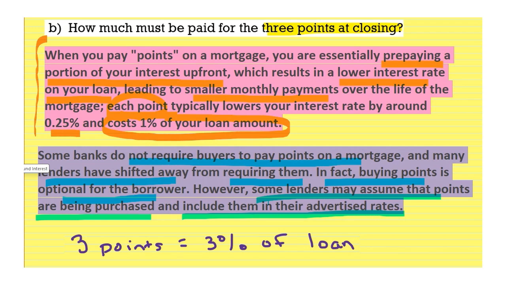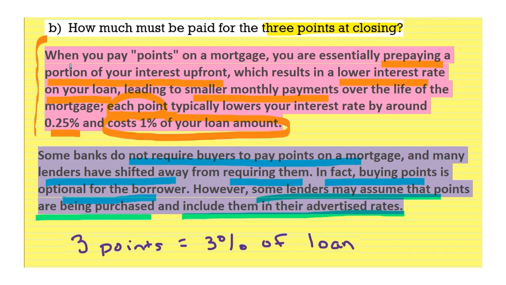So if you do not want to pay those points, then your interest rate will end up being higher. For 3 points, if they advertised at 5.25%, your interest rate would probably go up to at least 6% if you're not willing to pay the points.